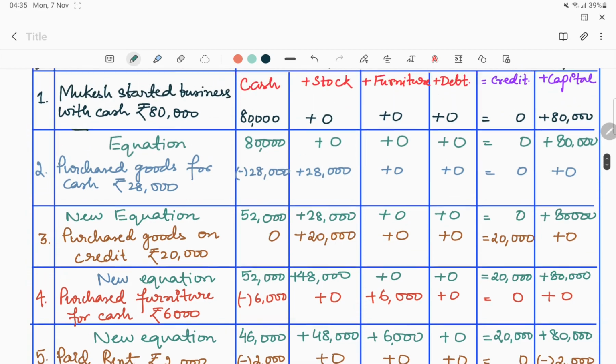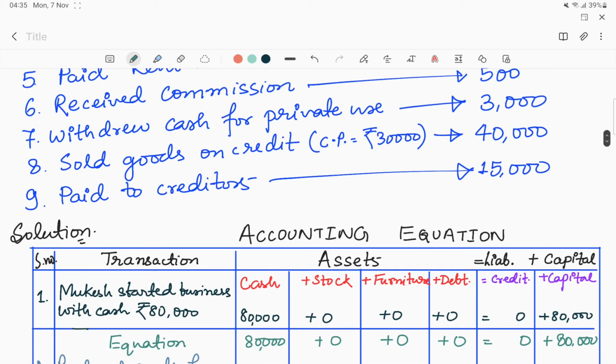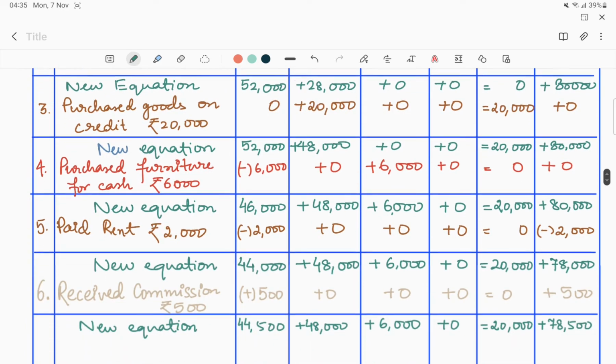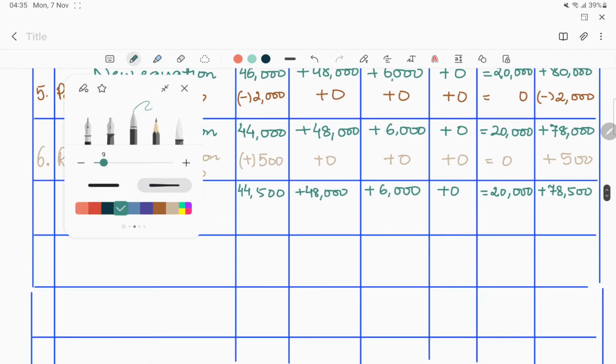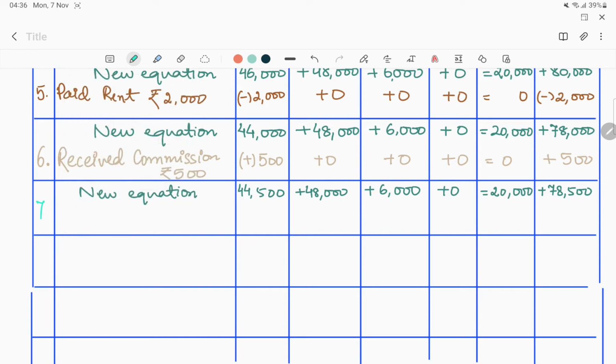Now what is happening in the seventh transaction? In the seventh transaction, Mukesh withdrew cash for private use and the cash amount is 3,000 rupees. So let's write it. Serial number 7.